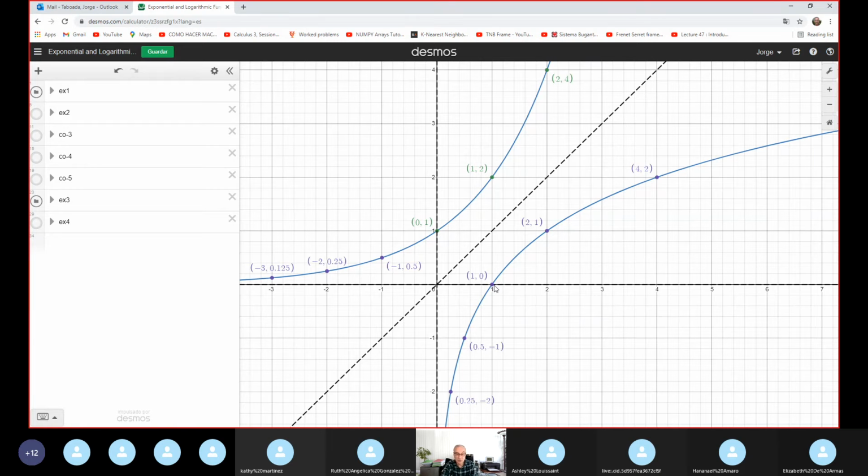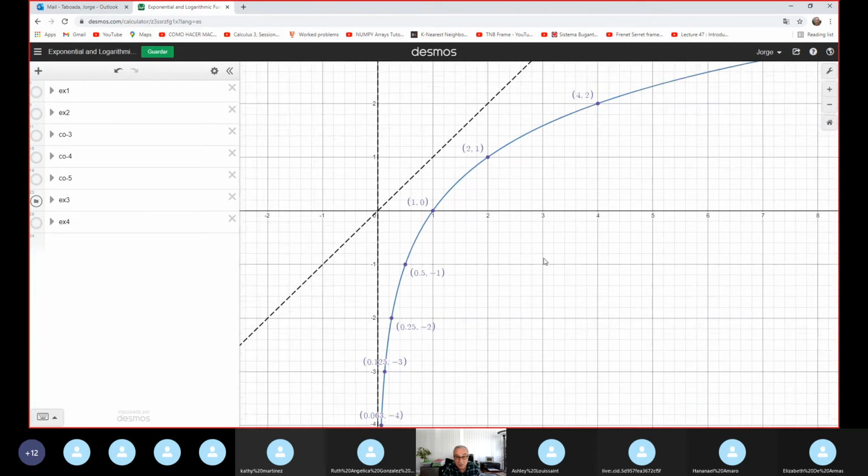It makes sense because we studied that the logarithm of 1 is 0. The logarithm of 2 is 1 because the base is 2. This curve represents the logarithmic function, and this curve represents the associated exponential. But let's focus on the logarithmic function now.